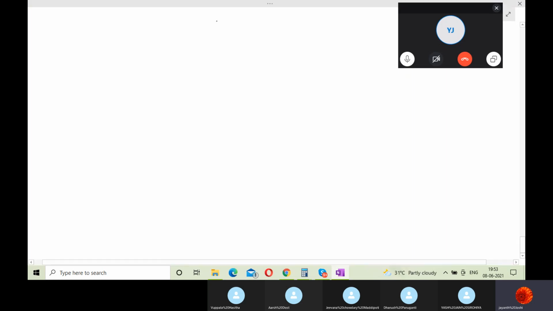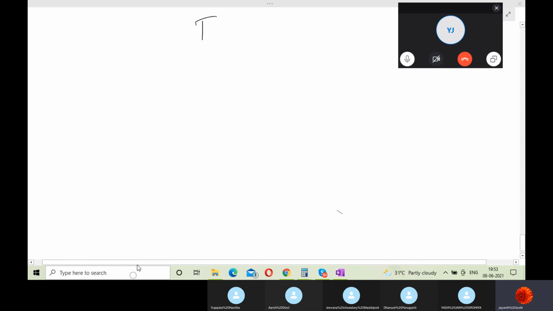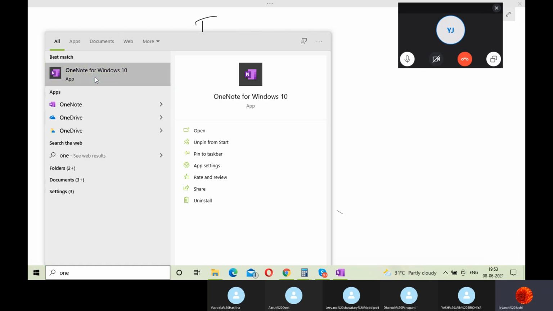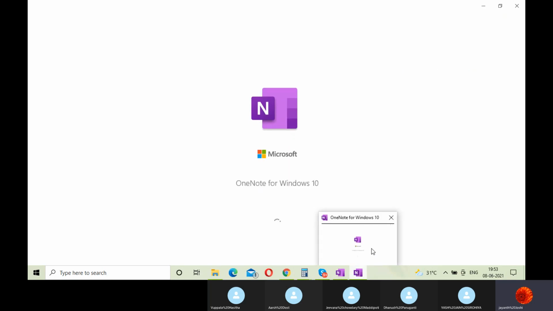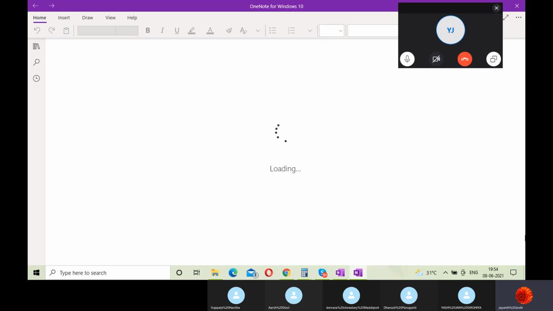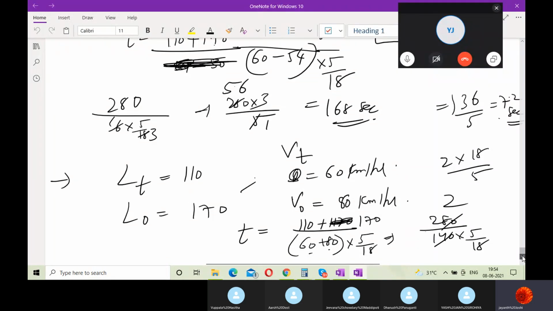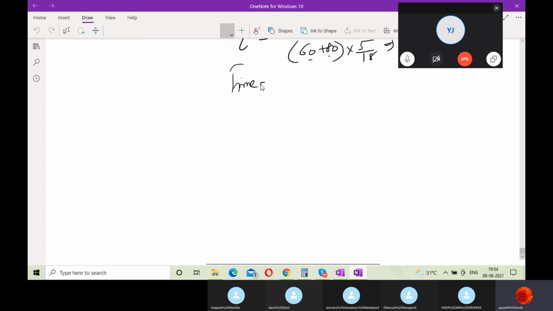Understand this, how to understand all the formulas in time and distance. See, time and distance.